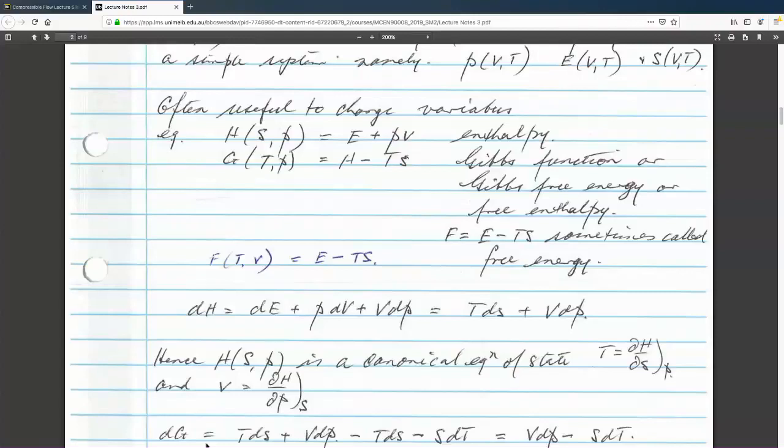The dH part is TdS plus VdP. And then I have to subtract TdS and SdT. You can see that the TdS cancels and I get VdP minus SdT.